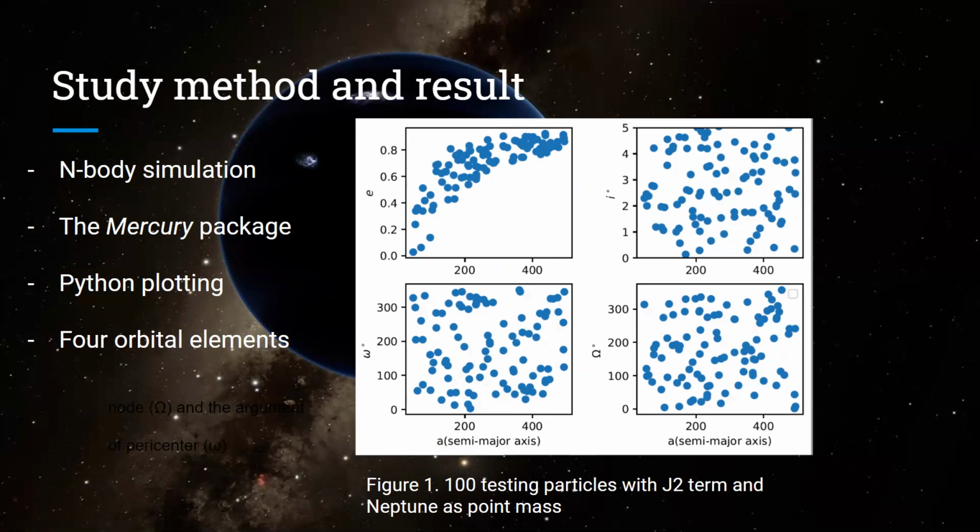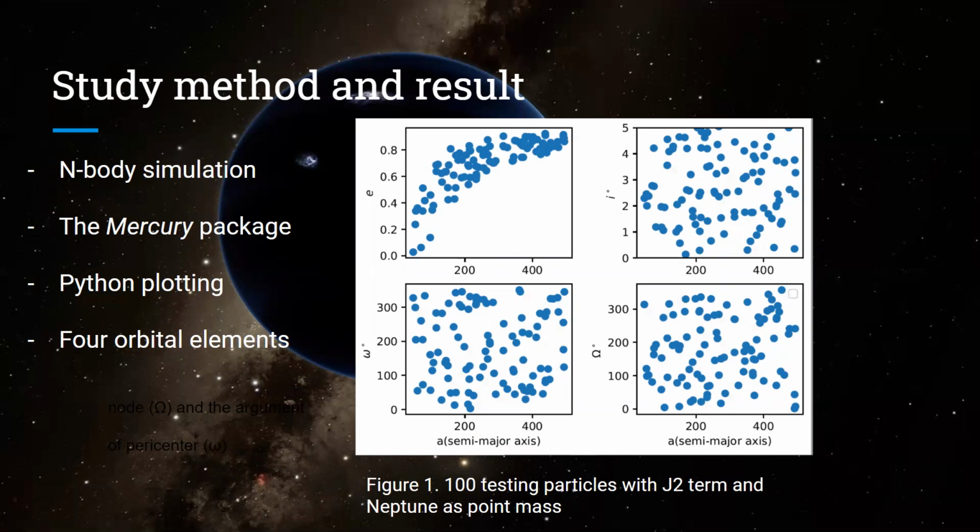Eccentricity and inclination describe the shape and the tilt of the elliptical orbit respectively. The longitude of ascending node and the argument of pericenter depict the precession and the orientation of the orbits.